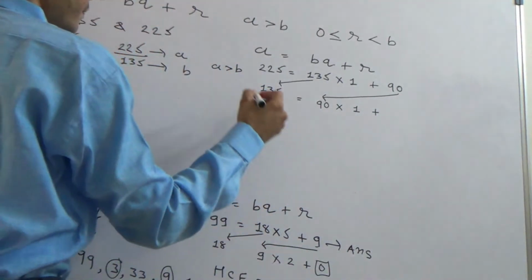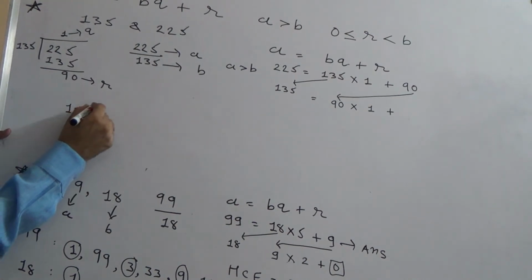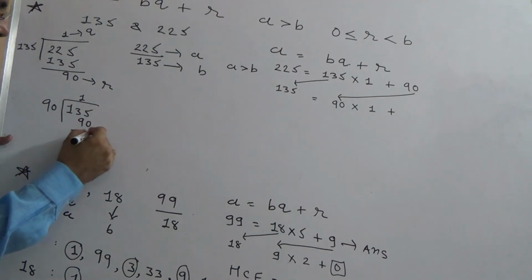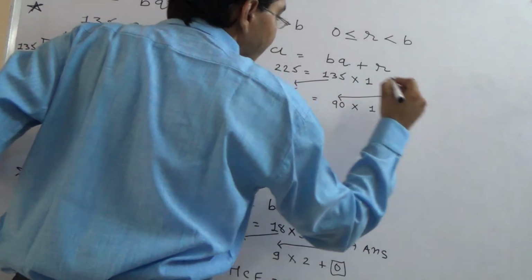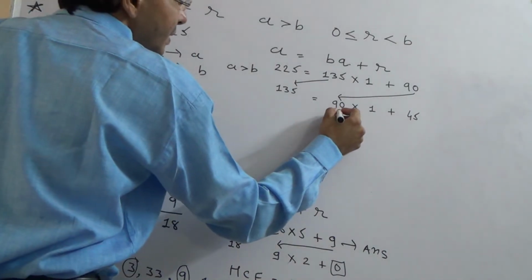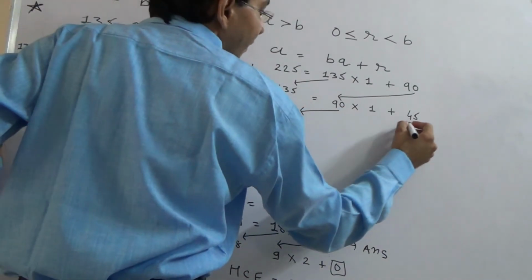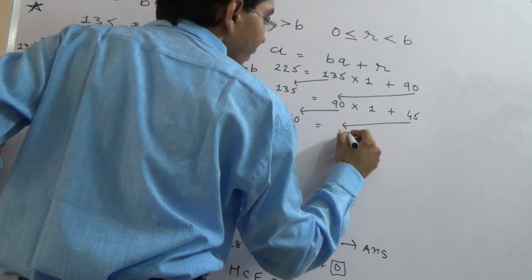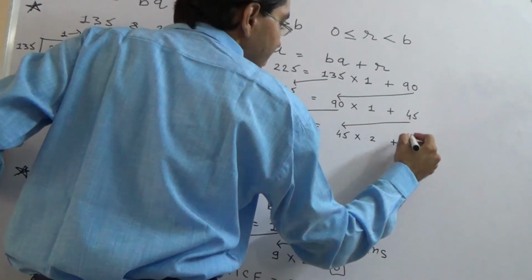Now 135 divided by 90: 90 ones are 90, so 45 is the remainder. Our B becomes our A, so 90 is our A, and our R becomes our B, which is 45. 45 twos are 90 plus 0.